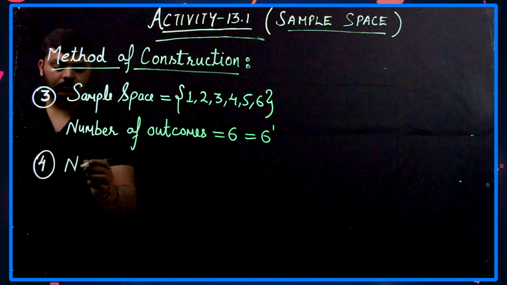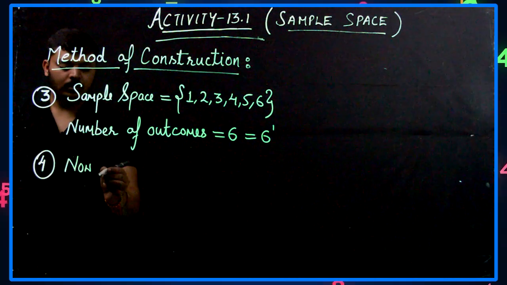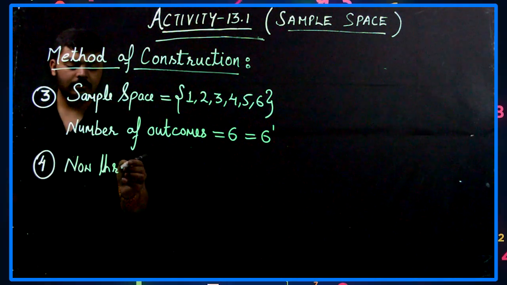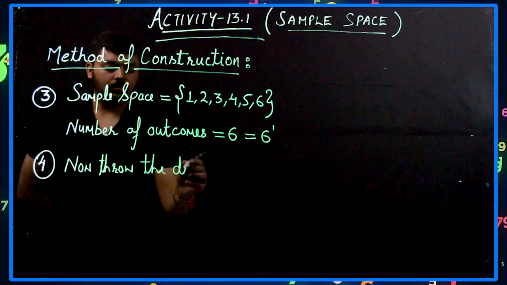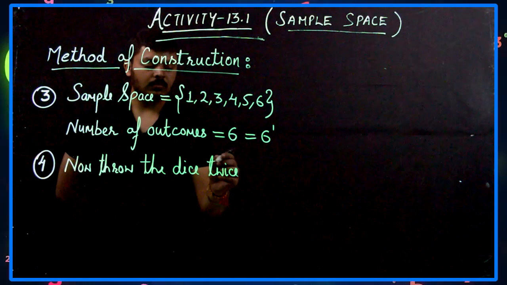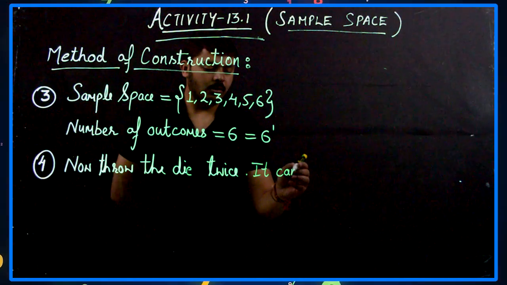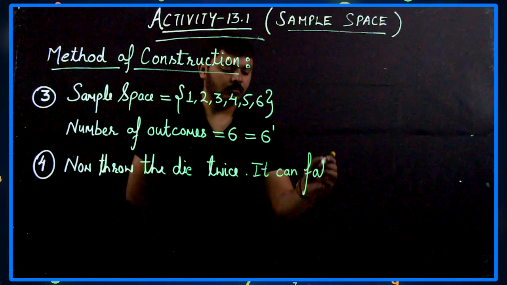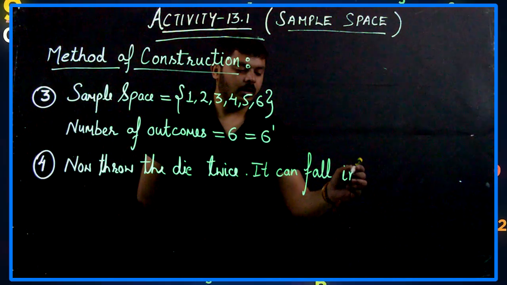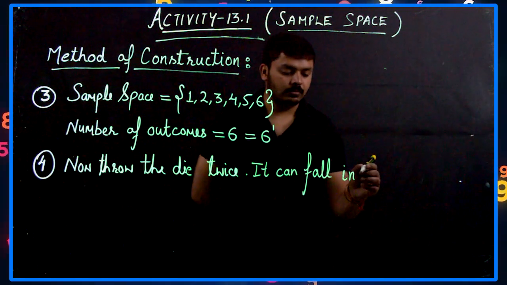Now throw the dice twice. It can fall in any of the 36 ways.